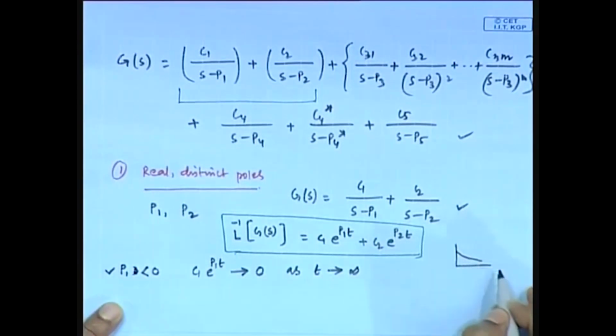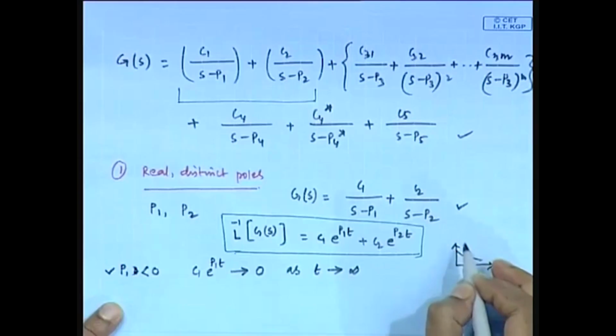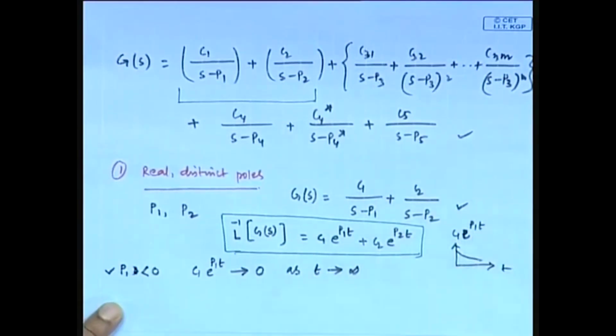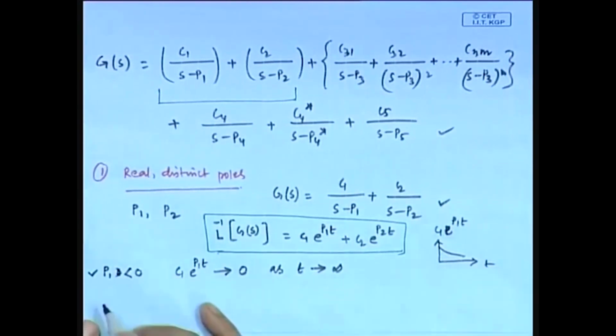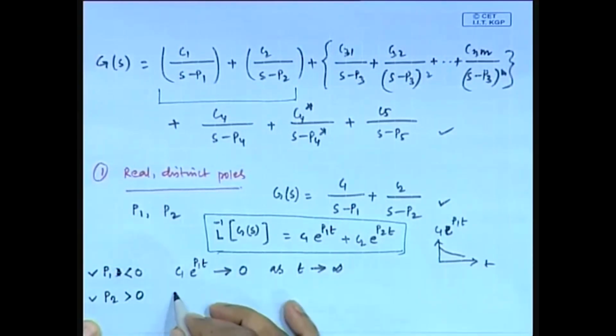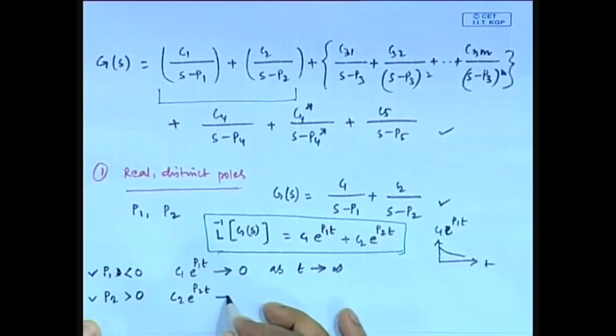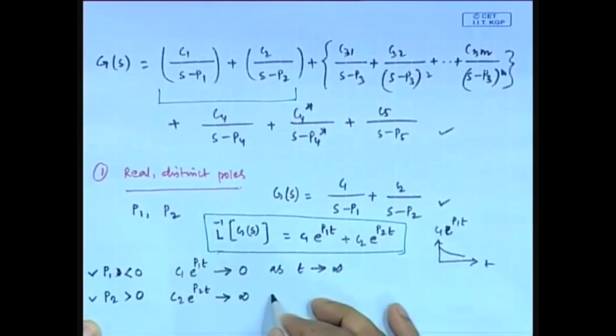It is like this, going to 0, this is t, this is C1 exponential of P1 t. In the other case, we have considered P2 greater than 0, then C2 exponential of P2 t tends to infinity as t tends to infinity.